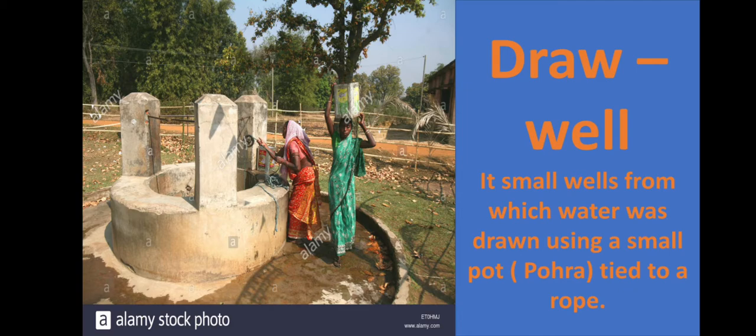The draw wells had water all year round. When the tap water system was introduced, the draw wells went out of use. Many were sealed. Now there are very few left in Atpadi. This can be seen in many villages.